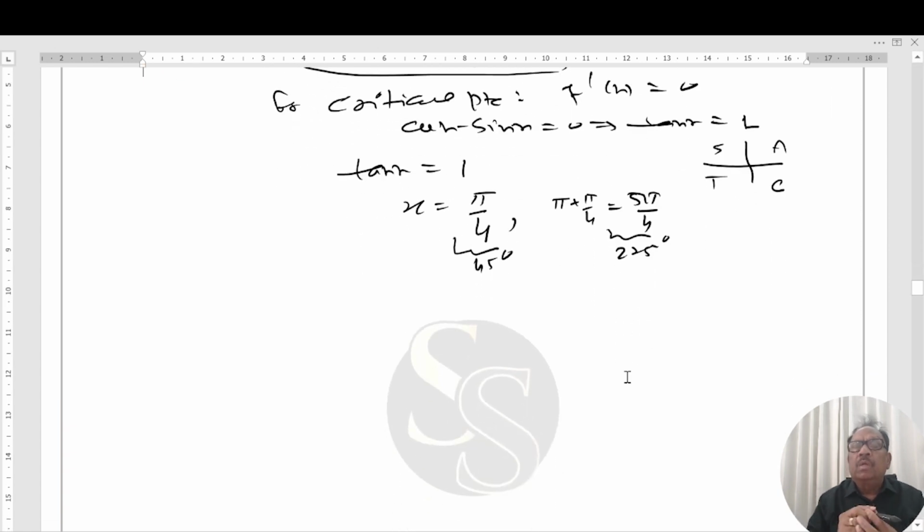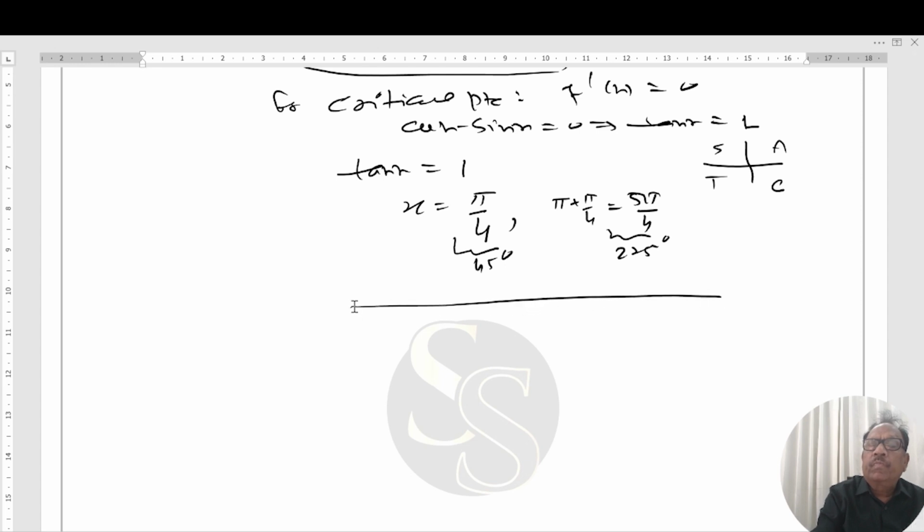Now, draw the number line. This is 0. This is 2 pi. This is pi by 4. This is 5 pi by 4. That is 45 degree, that is 225 degree, and 2 pi is 360 degree.